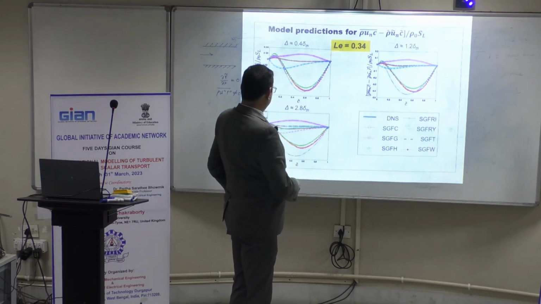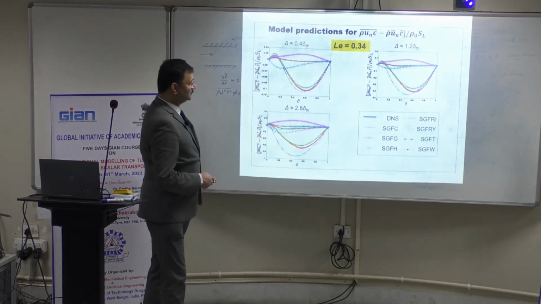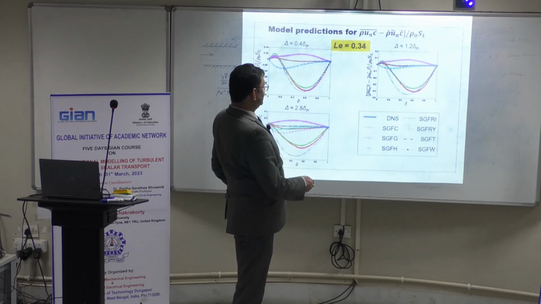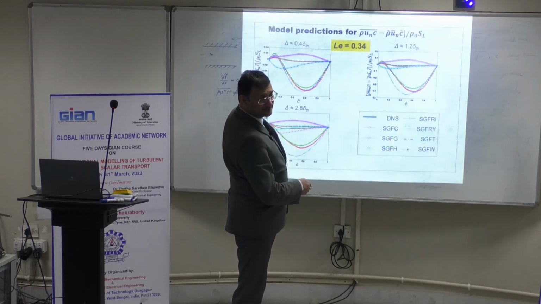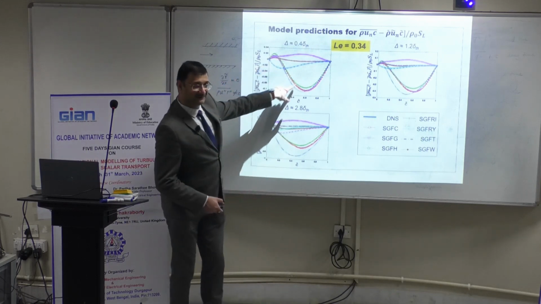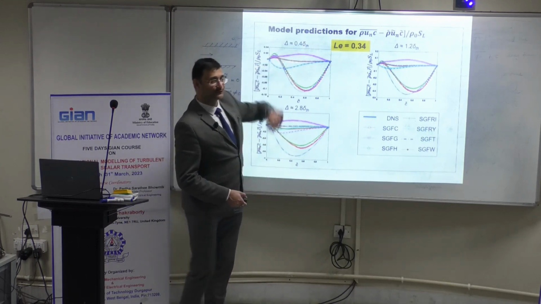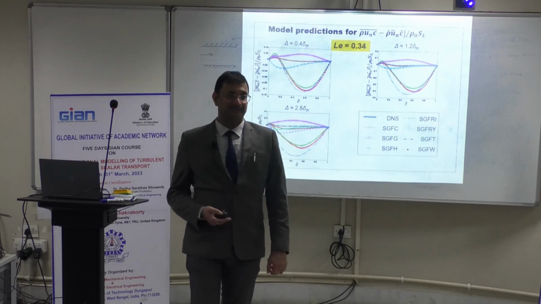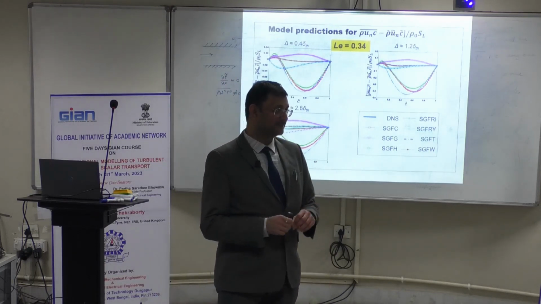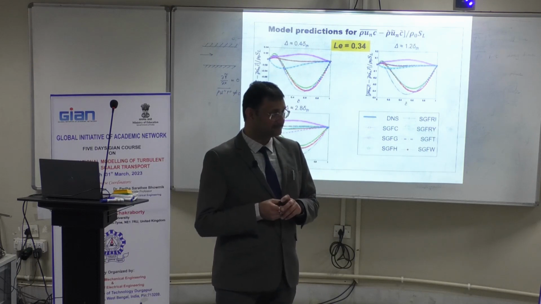Clark's model you will see, and Bhowmik's model, they do a very good job. This one is a standard gradient hypothesis. It does not capture the behavior of DNS at all. It shows completely wrong results, wrong sign as well. Doesn't even capture the qualitative trend properly.